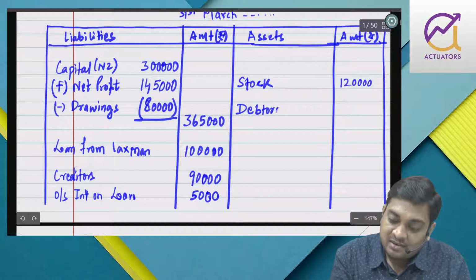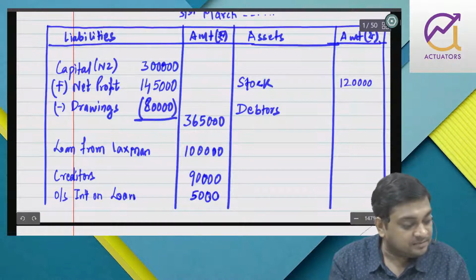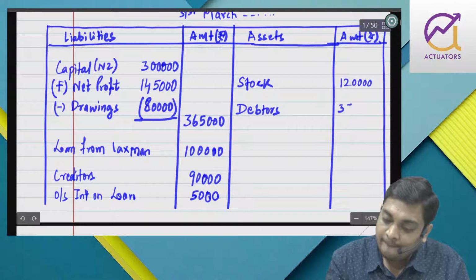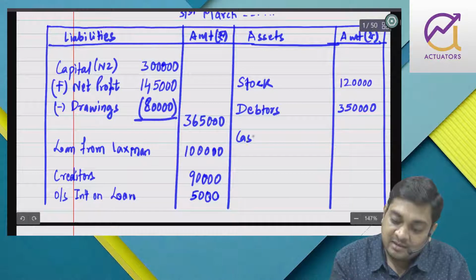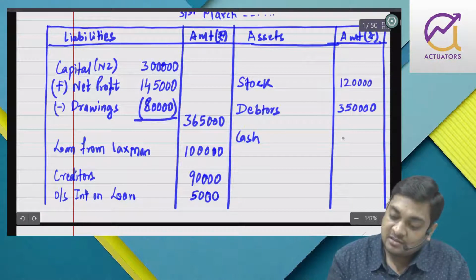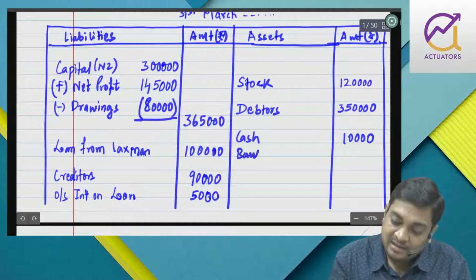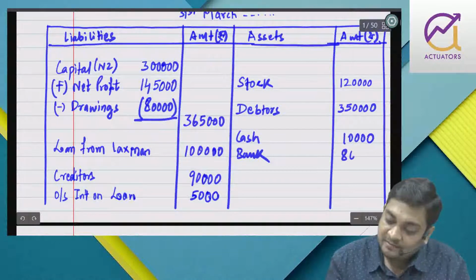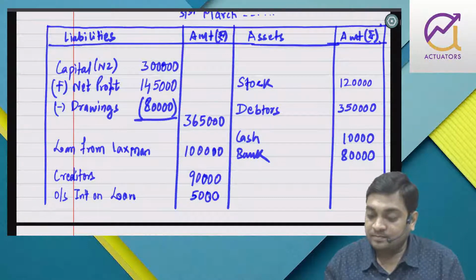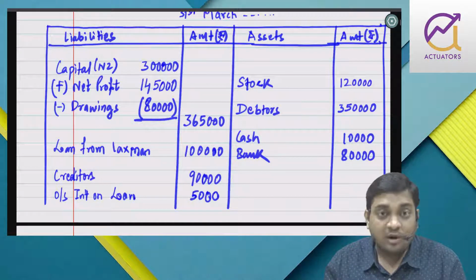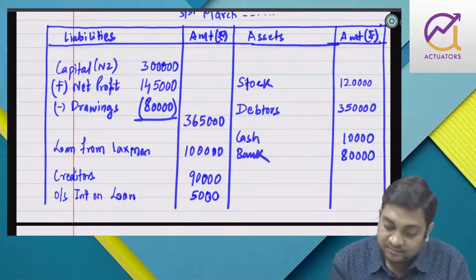Then we have debtors, 3 lakh 50, and then we have cash 10,000. We have bank balance 80,000, right? And what else we have? That's it.